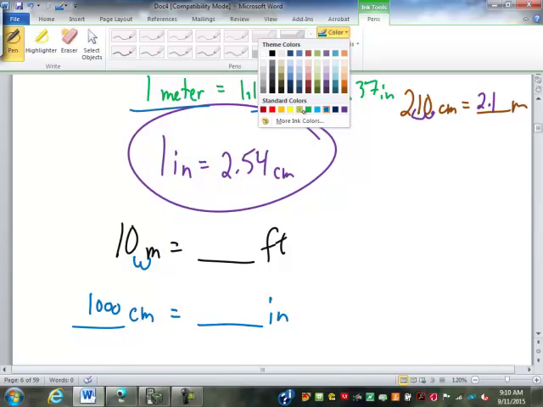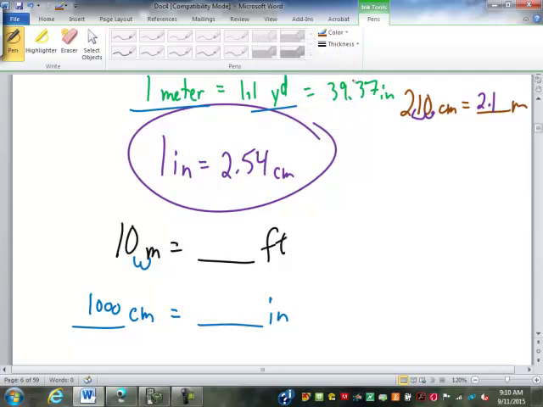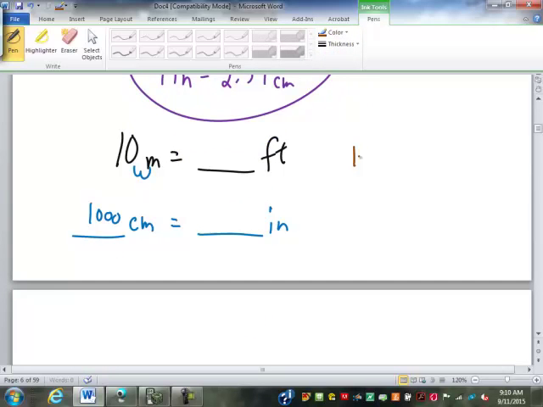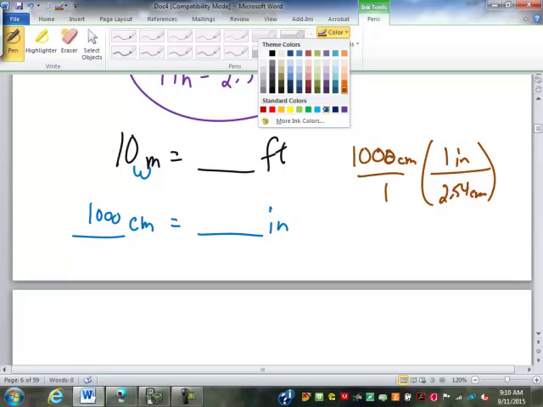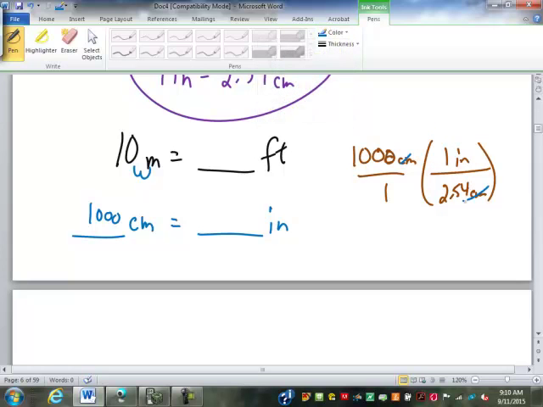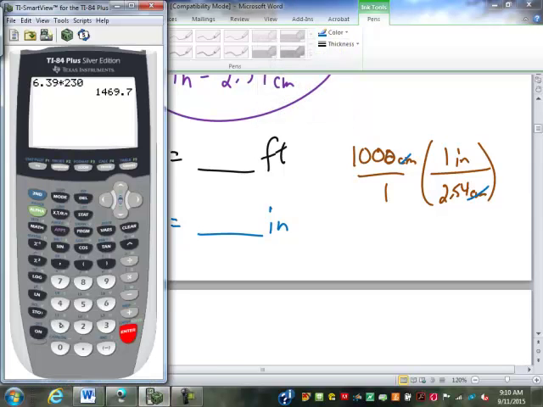Here's where that unity fraction comes in handy again. I have 1,000 centimeters over 1, 2.54 centimeters, 1 inch. So this is saying, to put it short, 1,000 divided by 2.54.